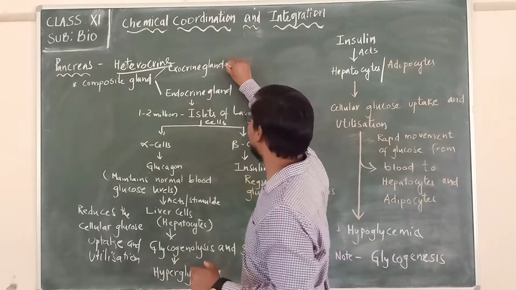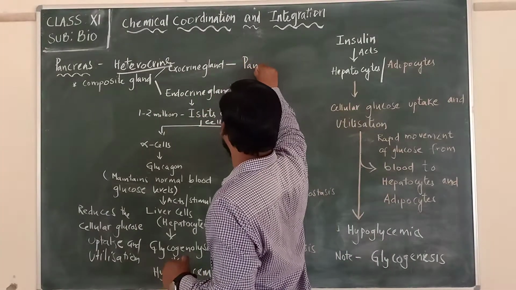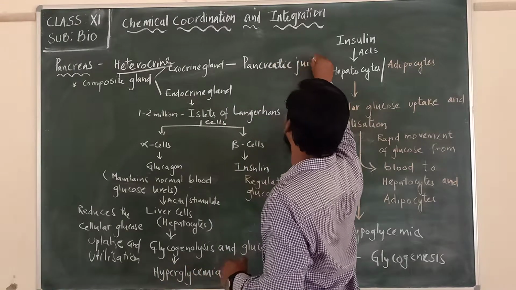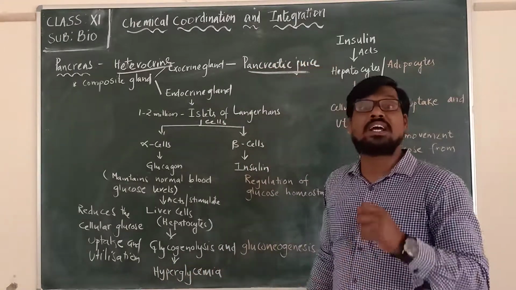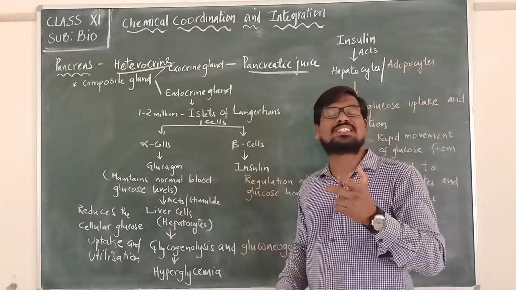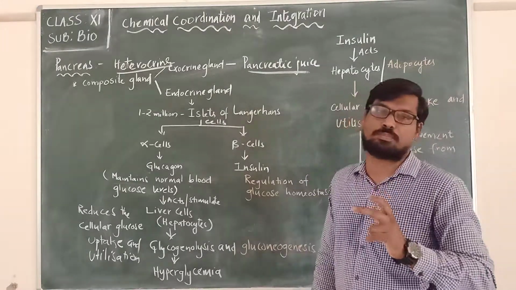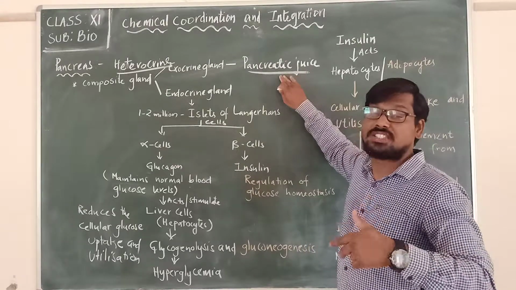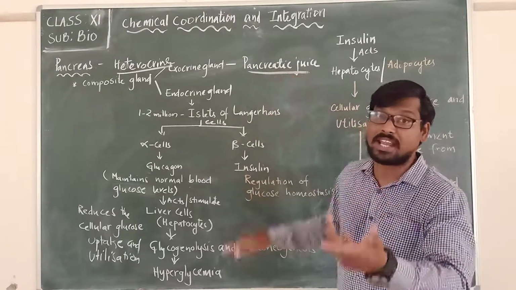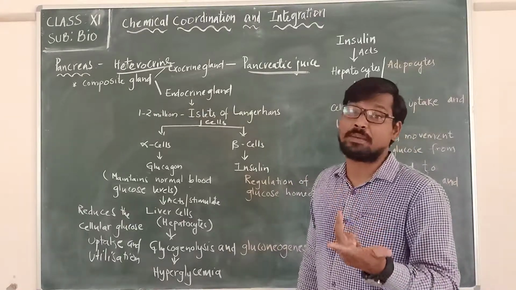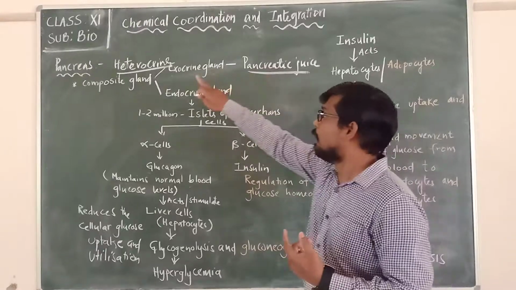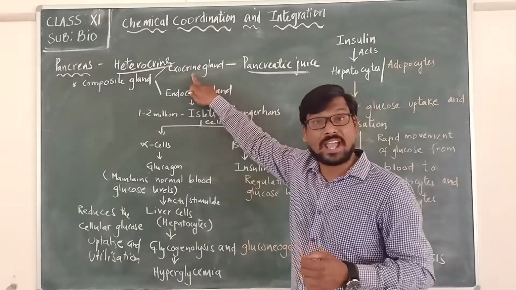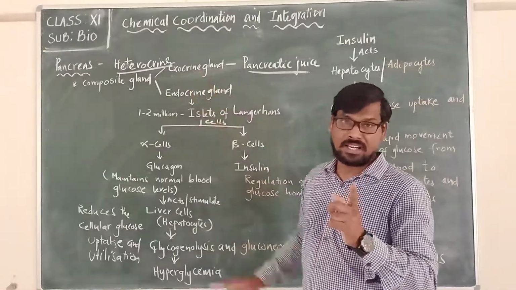As an exocrine gland, it produces the pancreatic juice, which is important in the digestion of various substances present in our food material. The pancreatic juice, containing different types of enzymes, is poured directly into the digestive system. So when it produces pancreatic juice, it is an exocrine gland.